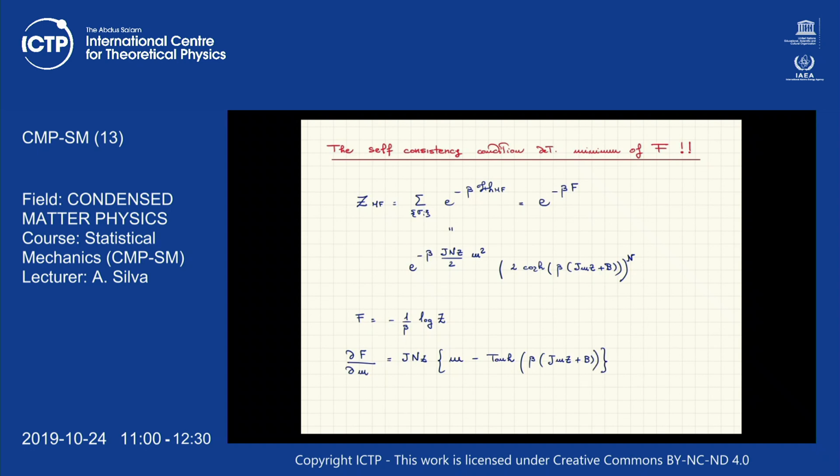Okay? So you see that if I set this stuff here equal to 0, I obtain exactly the equation that I wrote down as the self-consistency condition for the mean field theory. So, therefore, the extrema of the free energy are the states I was interested in.